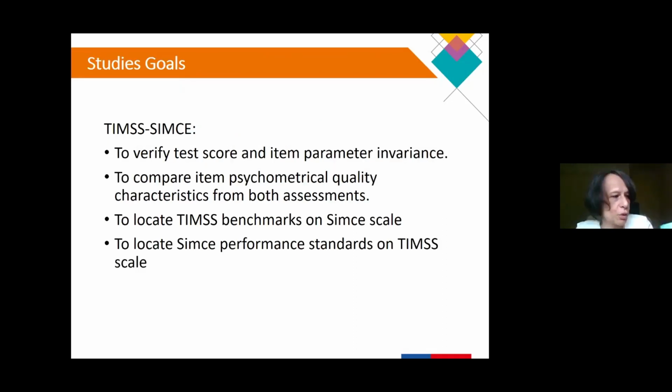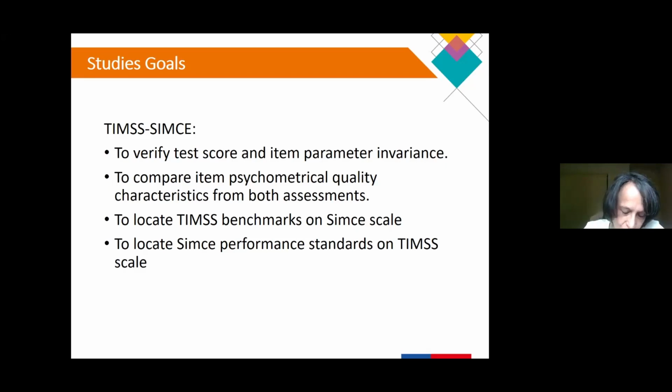What were the goals of those studies? In TIMSS and SIMCE, to verify the test score and the item parameter invariance of both tests. We are a low performing country, so there is always the question about how useful international tests are for us, in terms that we only have students in, let's say, not the whole range of the scales of the international test.